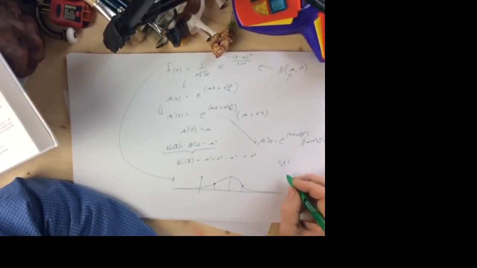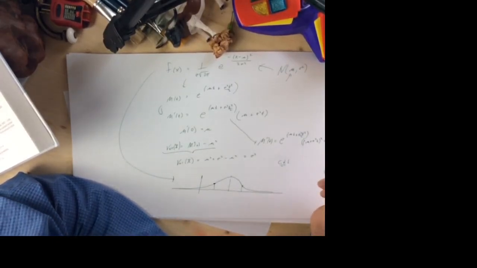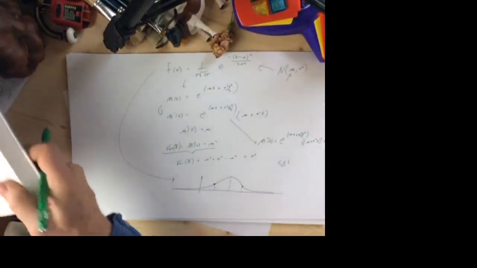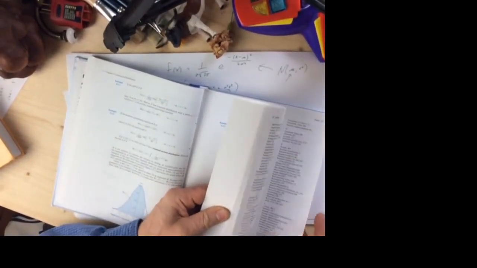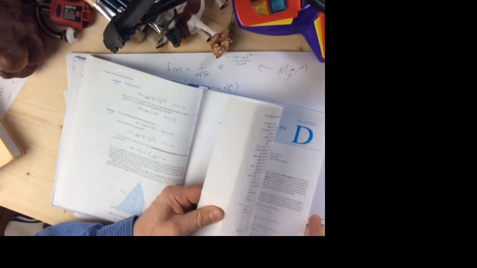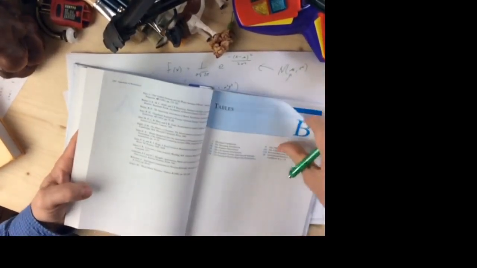Those of you who have calculators, you have to be able to find the cumulative distribution function values on your calculator, or I'm going to be handing you a copy of the end of your book, which we're going to do next time. When you have an exam, you're going to be given a different part of your book than you were given the other time, and that part of your book is some tables of well-known values.